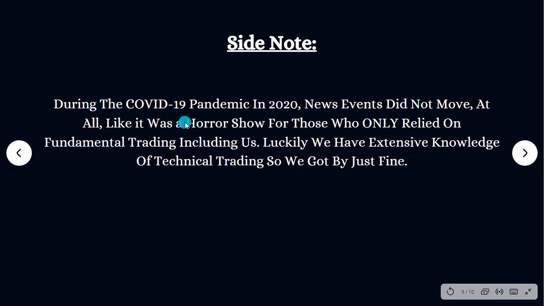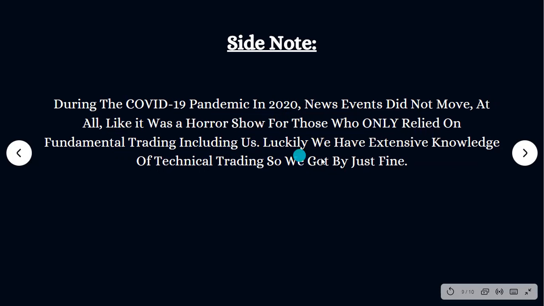So during the COVID-19 pandemic in 2020, news events did not move whatsoever. It was a horror show for those who only relied on fundamental trading, including us. We were so dependent on news events and the fast profits that when news events didn't move, it was hectic.